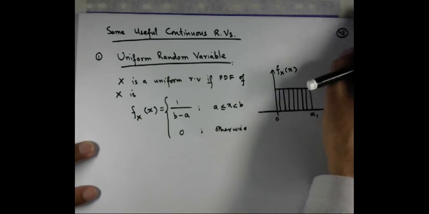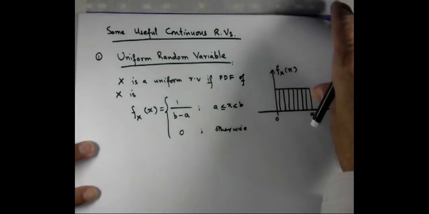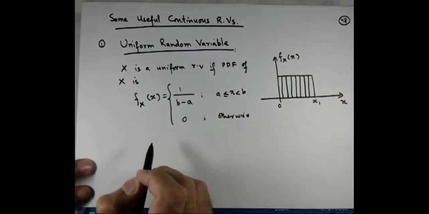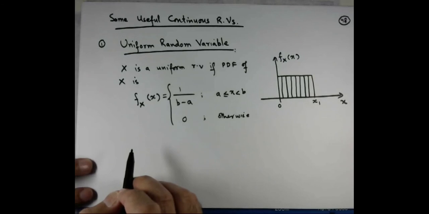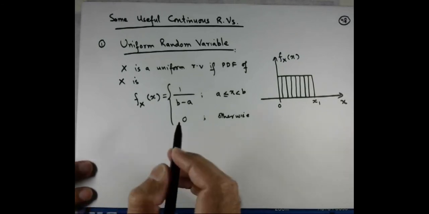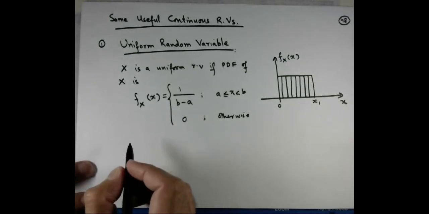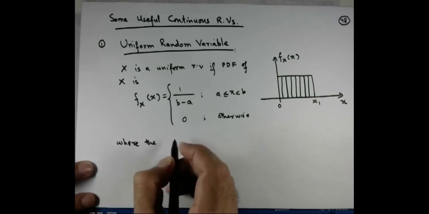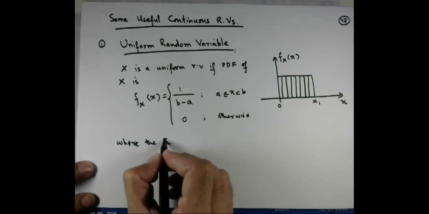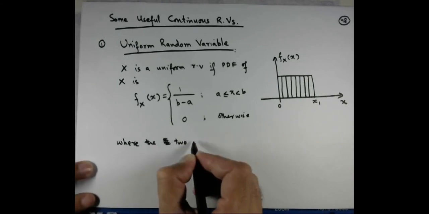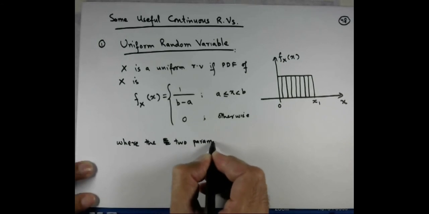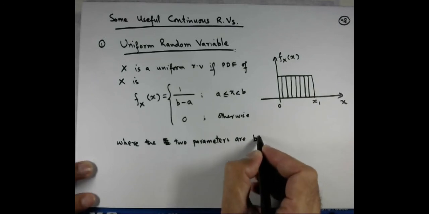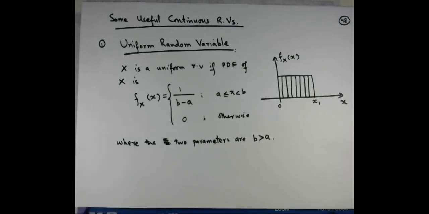What are the parameters? Obviously, there are 2 parameters. I told you in a distribution, anything other than the constants and the random variable is the parameter. So here you see b and a are the parameters. So we write, where the 2 parameters are, b greater than a.